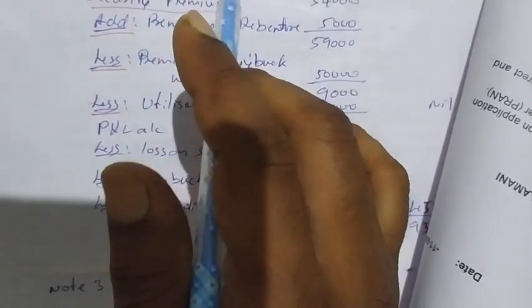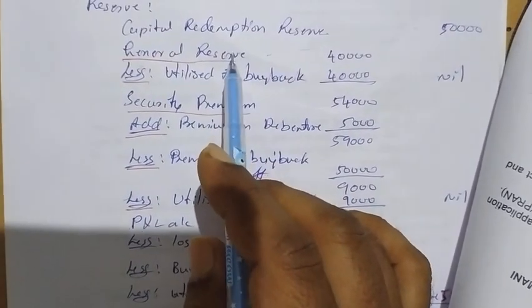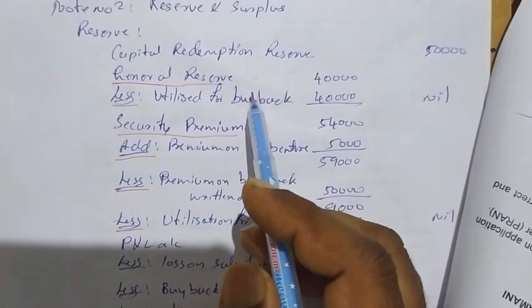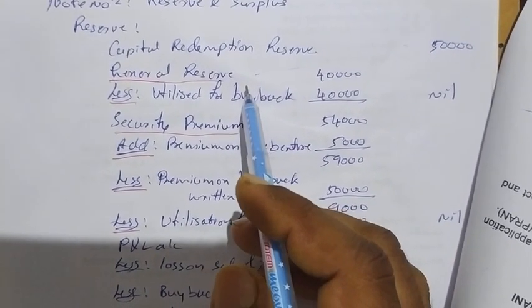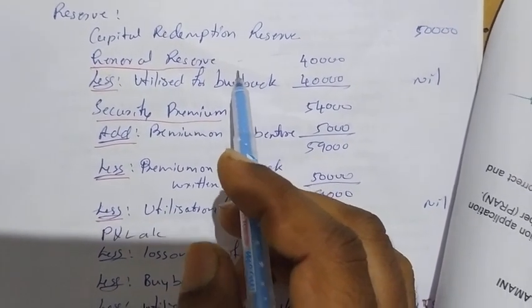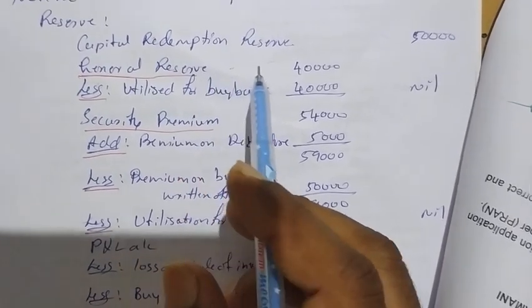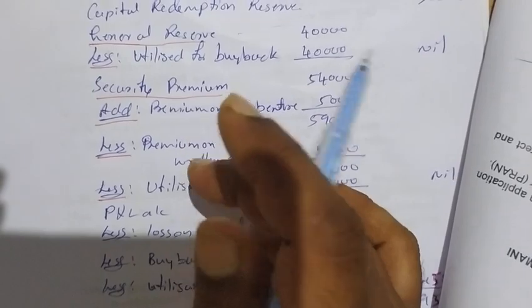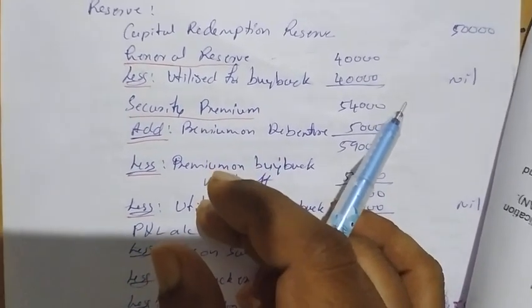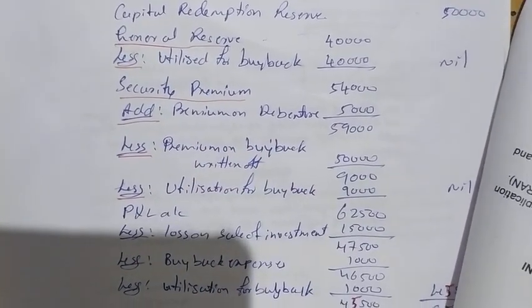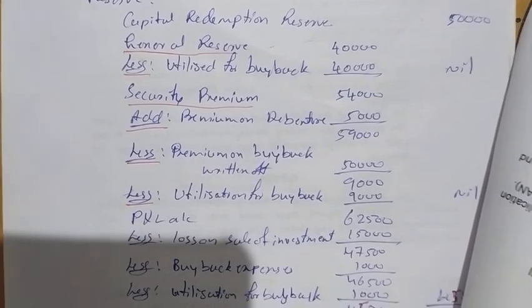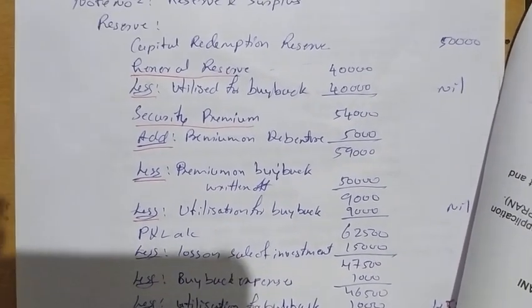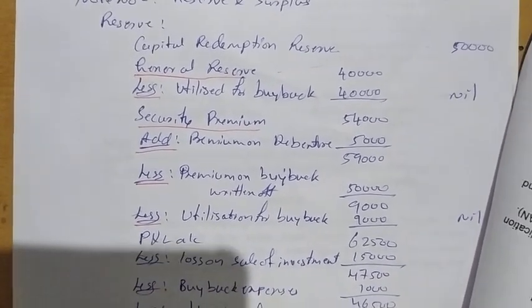Now out of this, to make the buyback, debentures worth rupees 50,000 were issued at a 10% premium. Those adjustments we have to make when any security, it may be preference shares or debentures, is issued to buy back preference shares or equity shares.